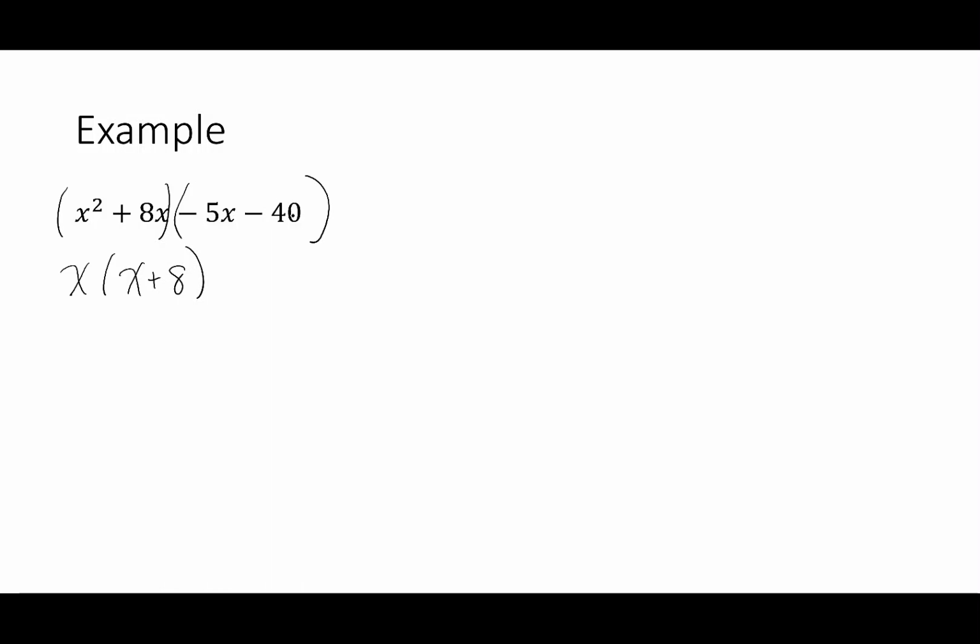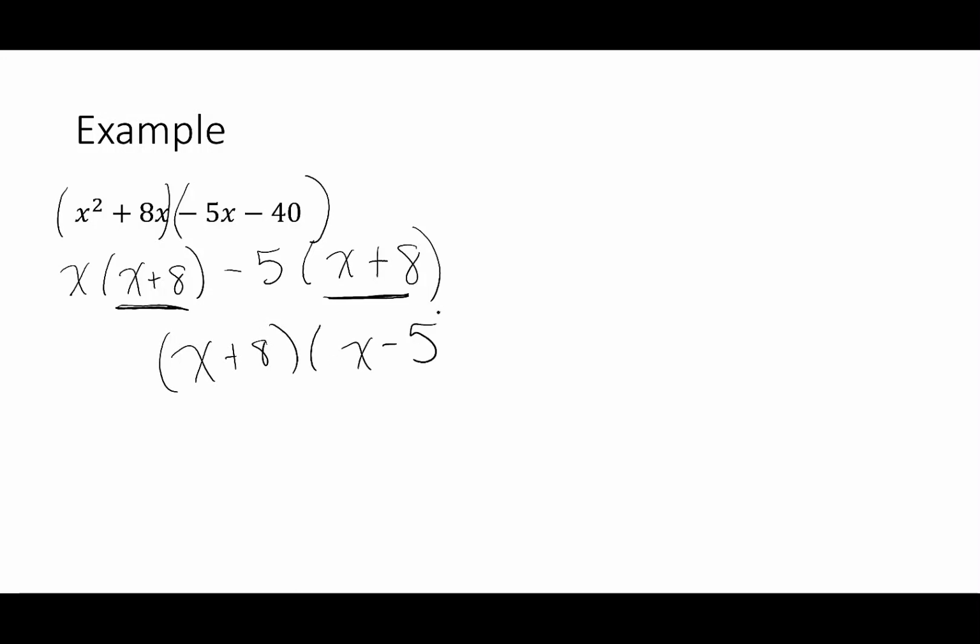Negative 5x minus 40 have a negative 5 in common, so I'm going to take out a negative 5. Negative 5 into negative 5x is just x. Negative 40 divided by negative 5 is a positive 8. Again, I have this binomial that matches in both terms. I take that binomial out, x plus 8, and I look at what's left over, it's x minus 5.